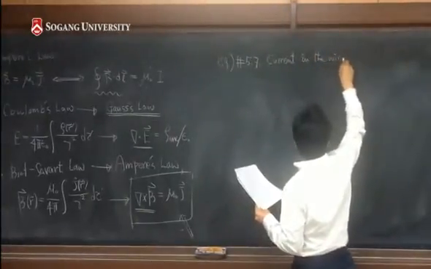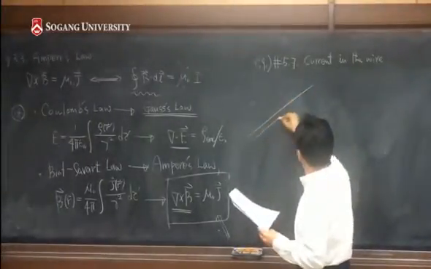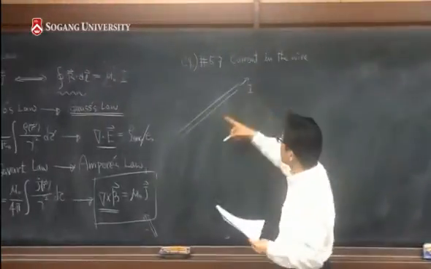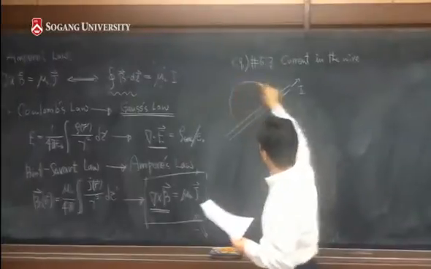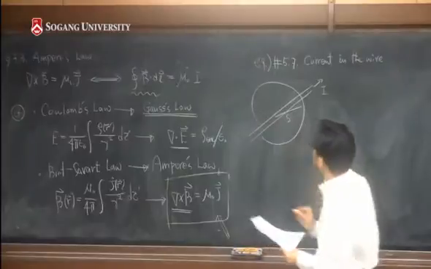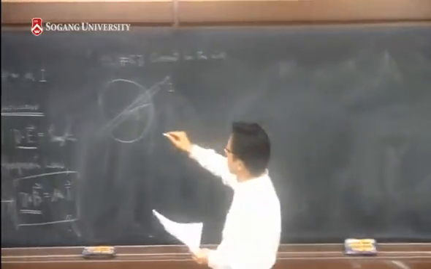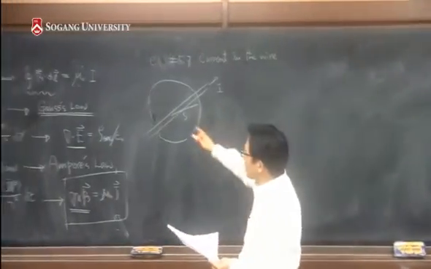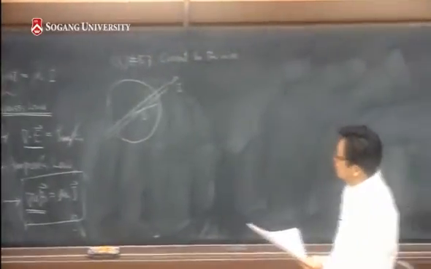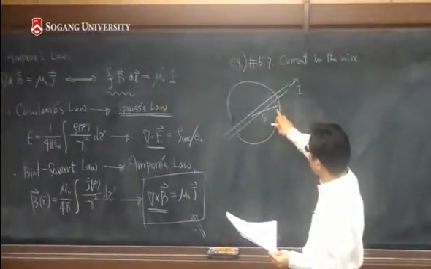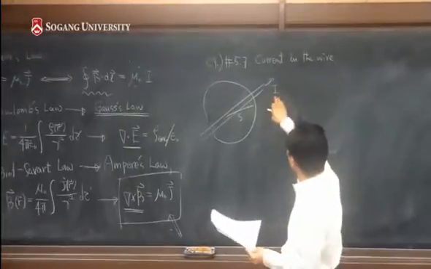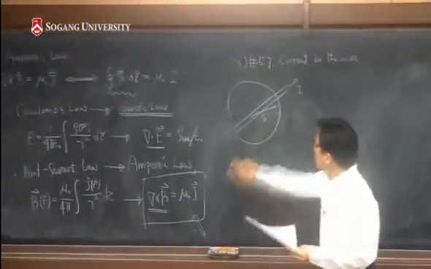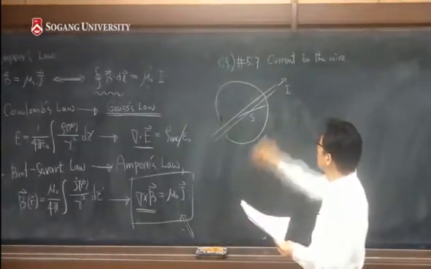Let's say there is a current I flowing in the wire like this, and the question we want to ask is what is the magnetic field around the wire, at a distance s from where the wire is located. We could get the answer by finding the magnetic field through the Biot-Savart law. But in this case, we can actually find the magnetic field around the current in the wire using Ampere's law, because this is very symmetric, in that the current is in a straight line flowing from minus infinity to plus infinity. Okay?